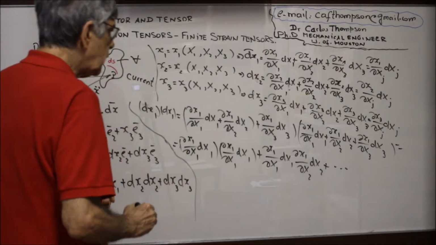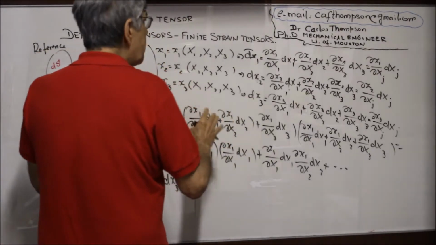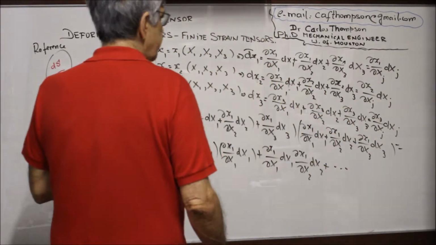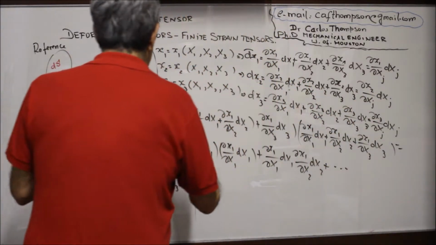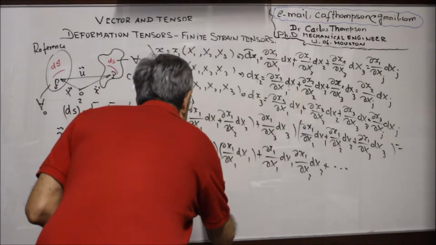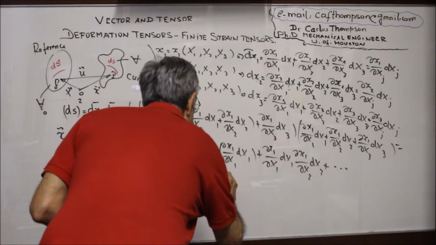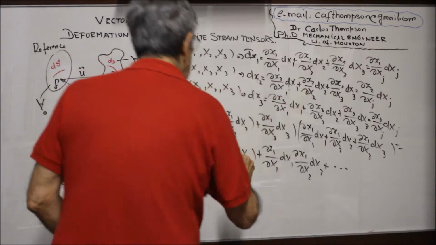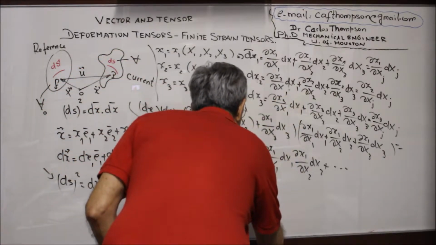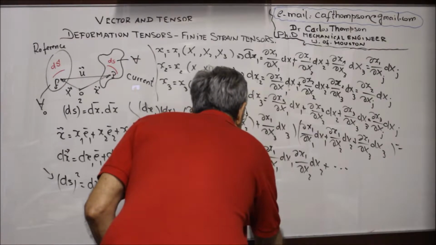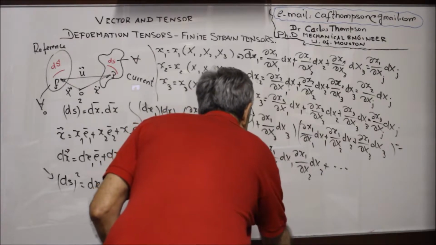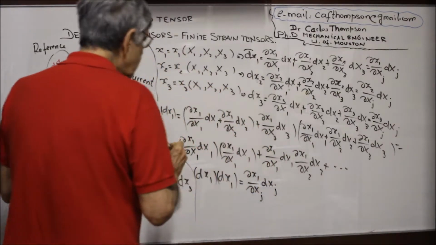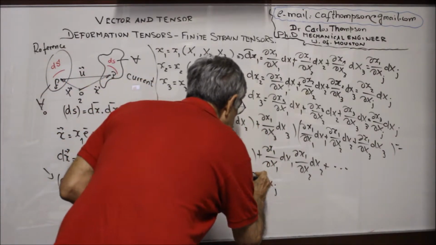Now let's represent this using dummy indices. You see, now dx1 times dx1 is equal to the partial of x1 with respect to Xj dXj. Now attention, this is 1, okay?